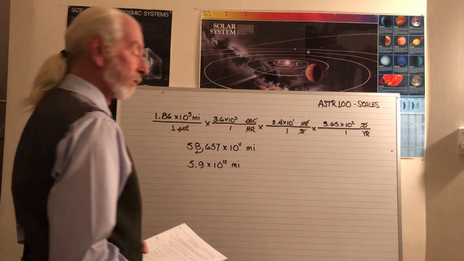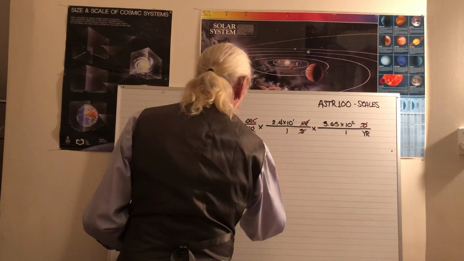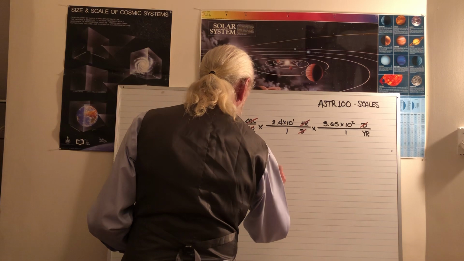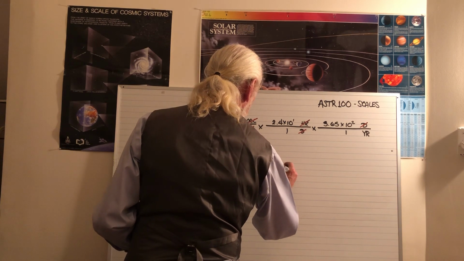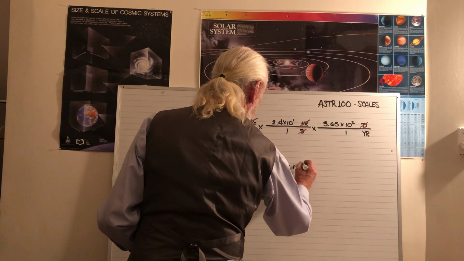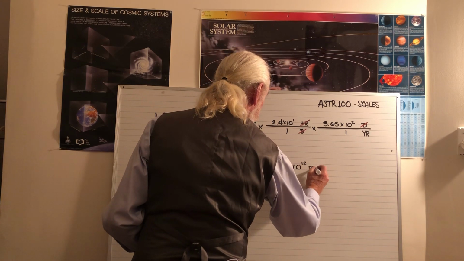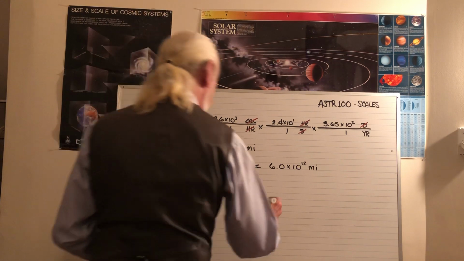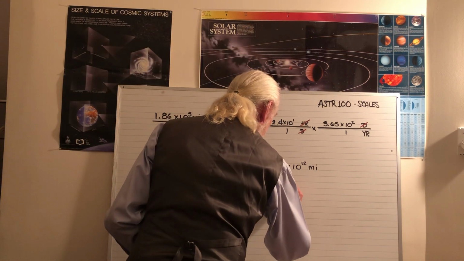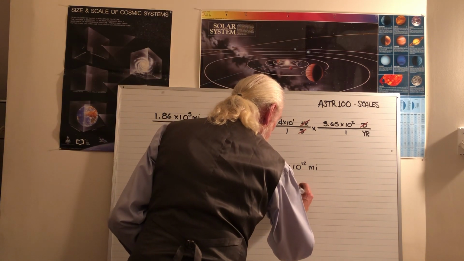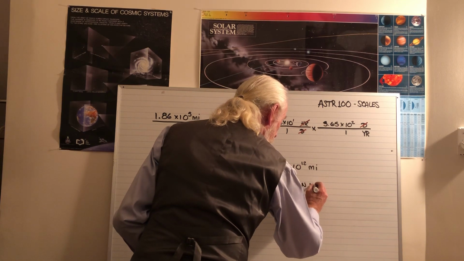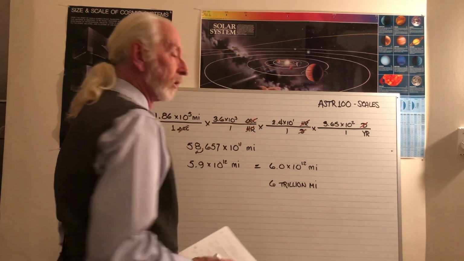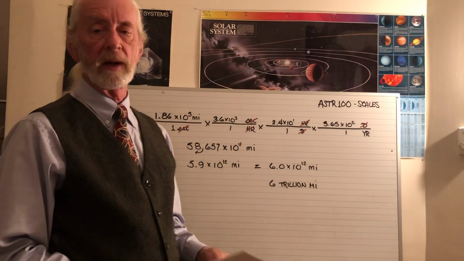Now if I really want to round it, I'm going to make that 6.0 times 10 to the 12th miles. What's 10 to the 12th? That's a trillion. So in other words, 6 trillion miles. That's what a light year is, 6 trillion miles.